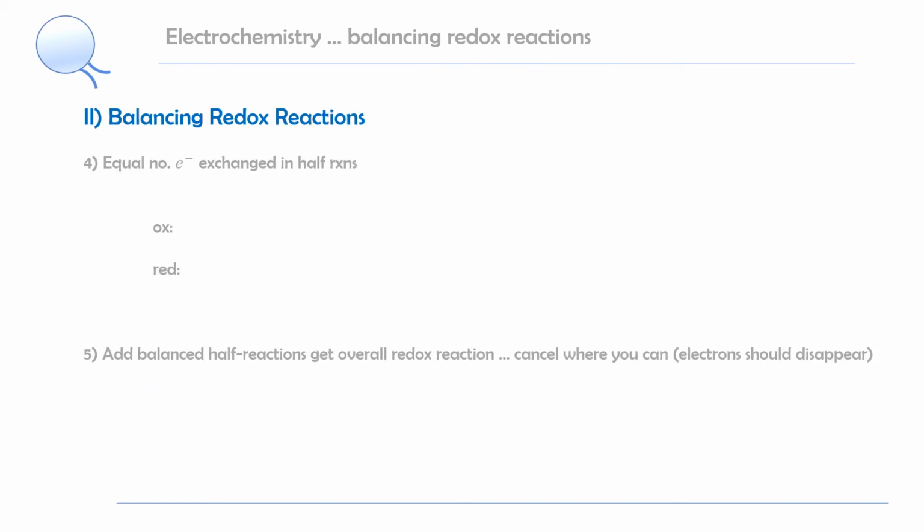The next step is to make sure you have the same number of electrons being exchanged in your 2 half reactions. So, in summary, remember we had zinc metal reacting with 2 chloride ions to give zinc chloride and 2 electrons.